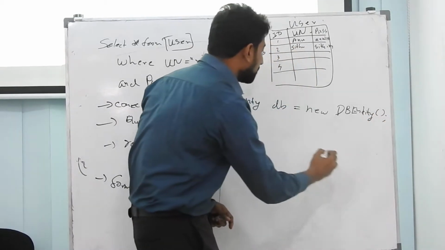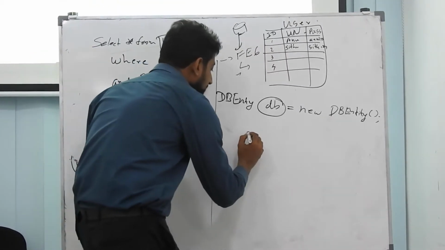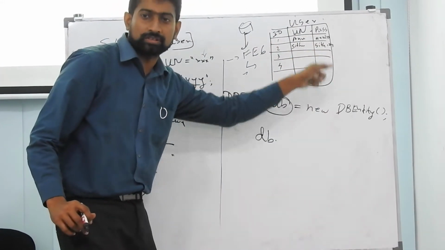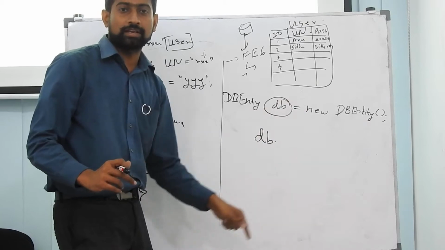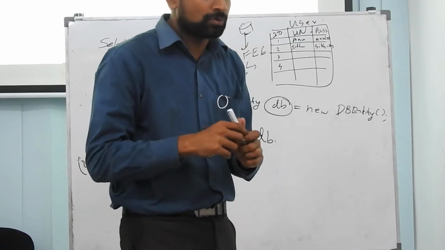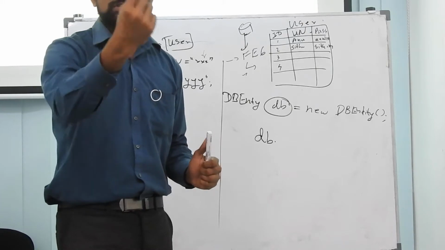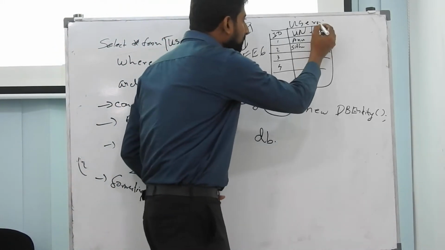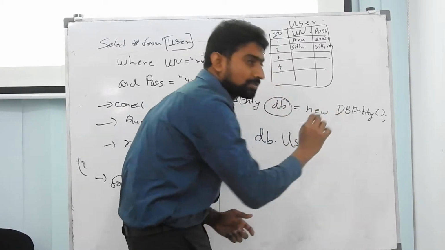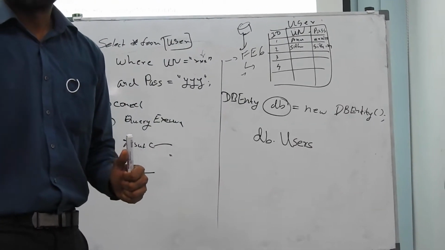Now you have created a database instance. When you type db dot, it will list all the available data tables. But when you look at the list carefully, you will see the plural terms of the data tables. Imagine if you say user, you can't see user, it comes as users, because it is not representing one single user, it is representing a collection of users.